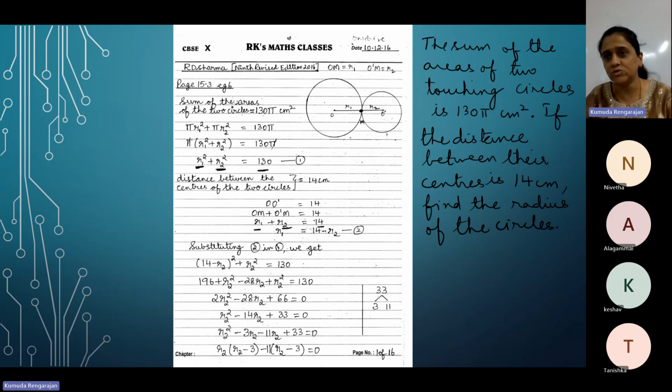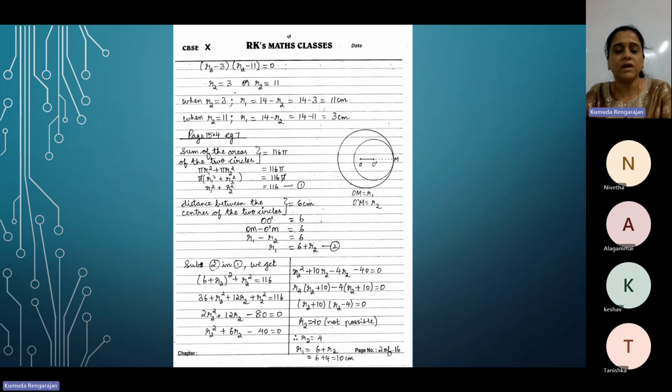Write R1 in terms of R2 or R2 in terms of R1. Substitute that in the first equation, so you get a quadratic equation. Solve and find the two values of the unknown here, R2. And with the help of that, you can find R1 and hence the radius of the two circles.